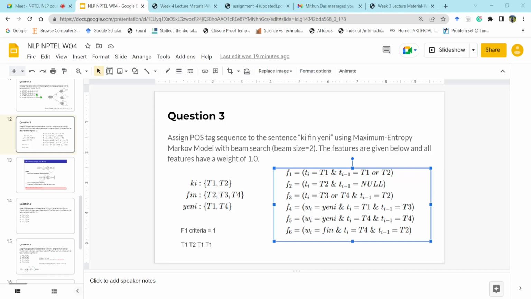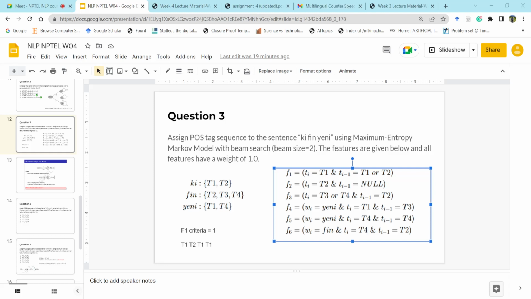Z was the normalizing constant, so for every Ti we have to calculate the summation, that is, for every y, e to the power this value. We have calculated this value for two of them, so Z will be e1 plus e0, essentially 1 plus e.